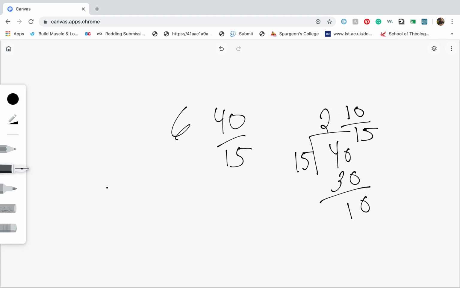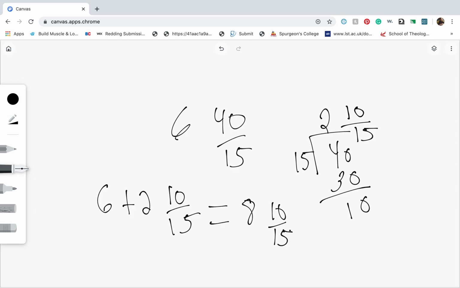All I have to do now is just add my two whole numbers together, and I get 8 and 10 fifteenths. Okay, let's go back here.